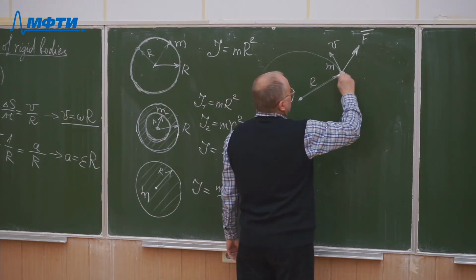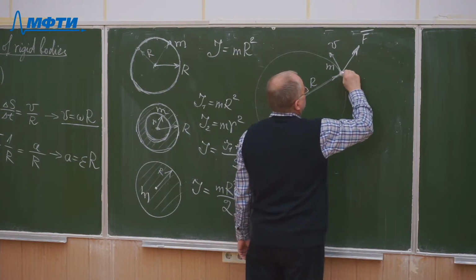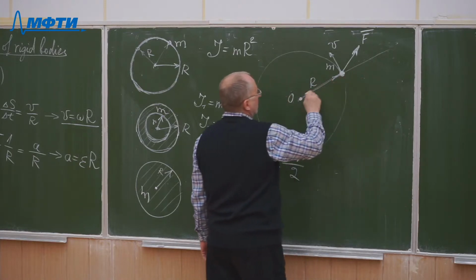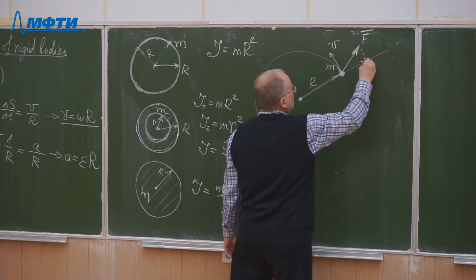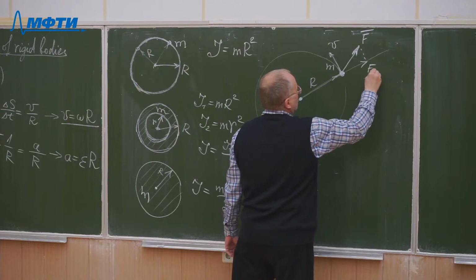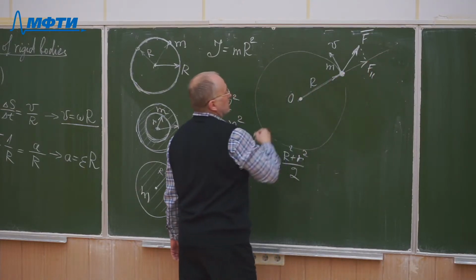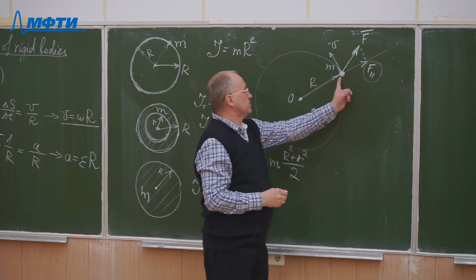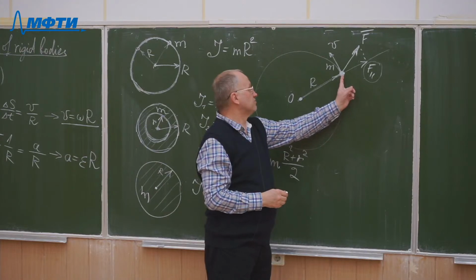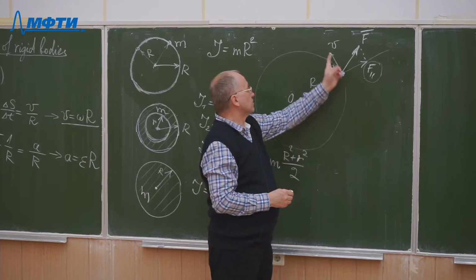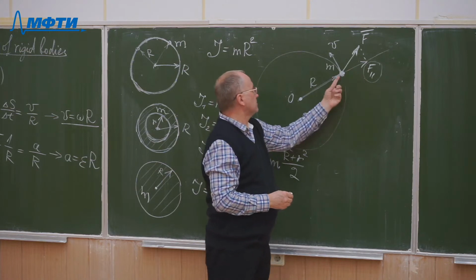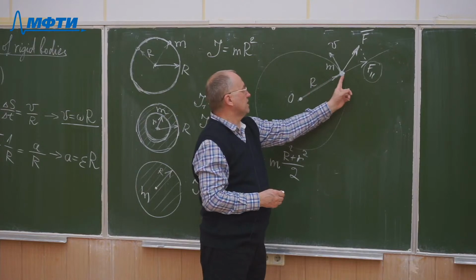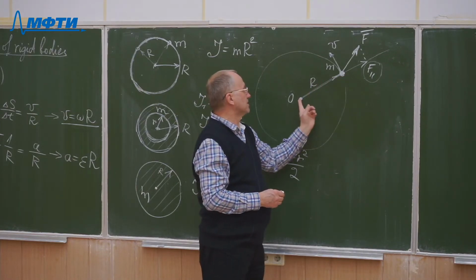It's clear that the component of the force directed along the radius r, which I will call the parallel component, parallel to the radius, can do nothing with this point. It cannot change the motion. It cannot change the velocity. It could have caused some deformation of the rod, but we assume that the rod is unstretchable.